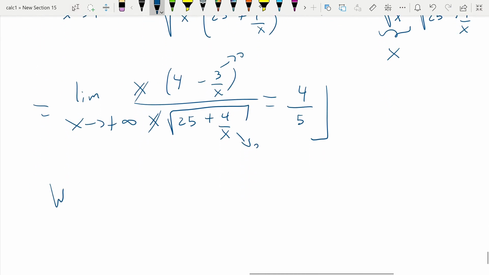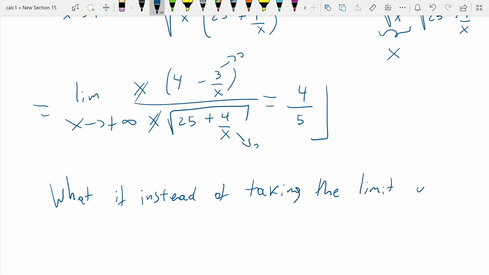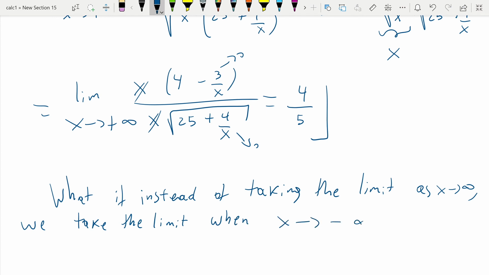What if instead of taking the limit as x approaches plus infinity, we take the limit when x goes to minus infinity instead.